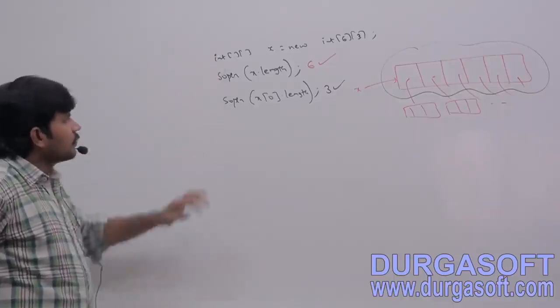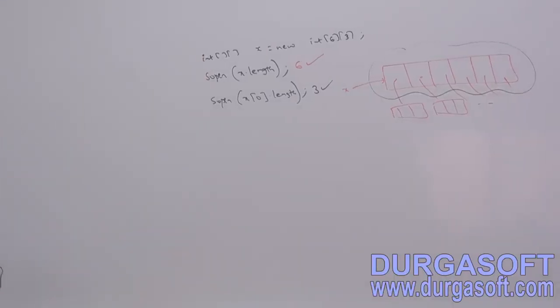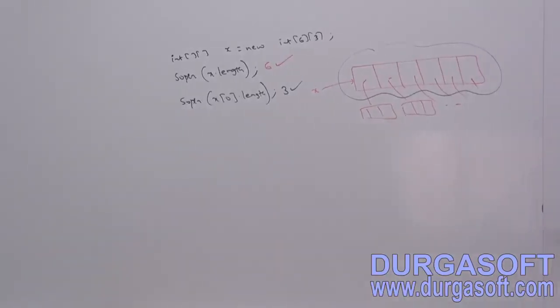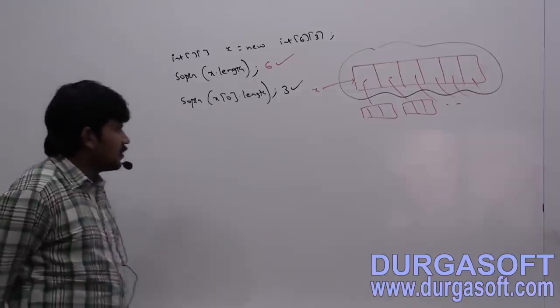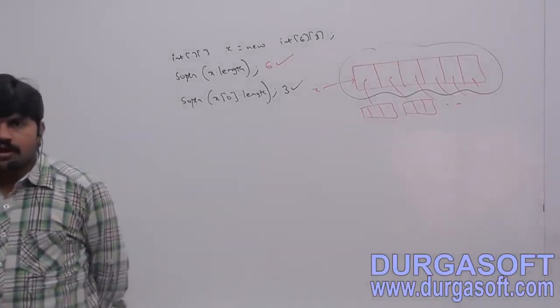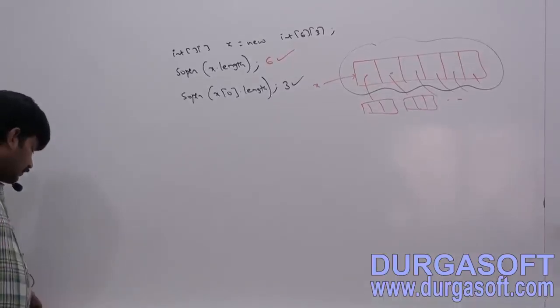Take this example: two-dimensional array x is equal to new two-dimensional array of 6, 3. SOP of x dot length, the answer is 6. SOP of x of 0 dot length, its value is 3.